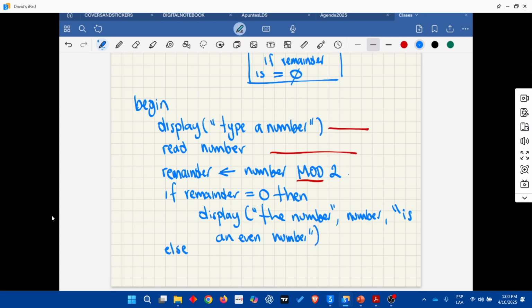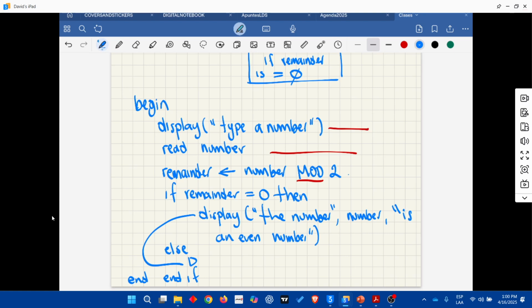Else, I could write the same here, but saying that it is not an even number. Then we're going to use end if here.